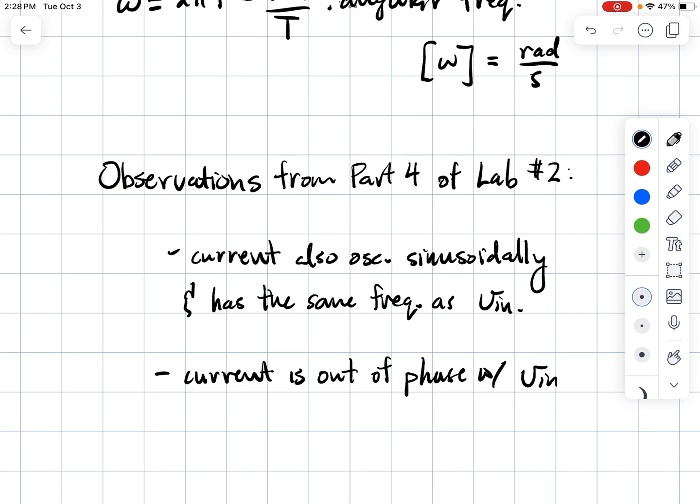One thing that maybe we didn't observe, but I'll point out now, is that you were told to do your circuit measurements at 16 kilohertz. If you would have changed the frequency, you would have found that the phase of that current would shift with frequency. So the observed phase depends on either frequency or angular frequency.